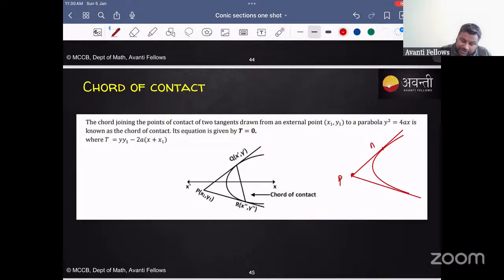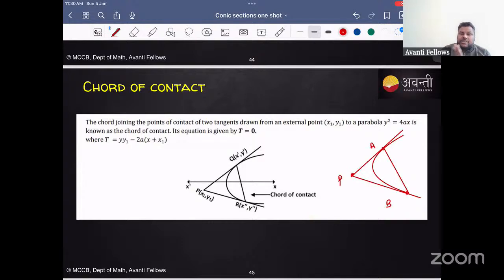So this is point A and say this is point B. A and B are points of contact. So this AB is called the chord of contact of the parabola with respect to point P.